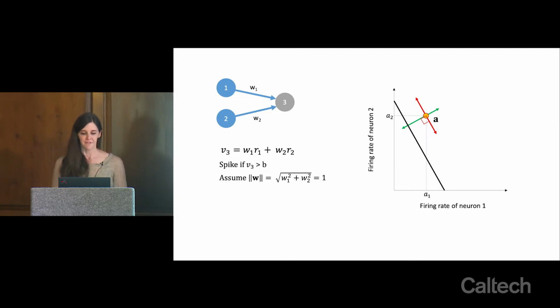Conversely, if you move A in a direction that's orthogonal to this decision boundary, now you're changing how much or whether this postsynaptic cell is firing. Any movement that goes further away from the decision boundary is going to increase the response of the readout cell, and anything that moves you towards the boundary or past it is going to decrease the firing rate.